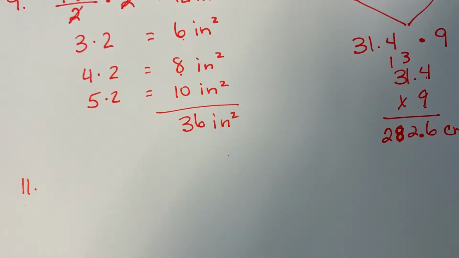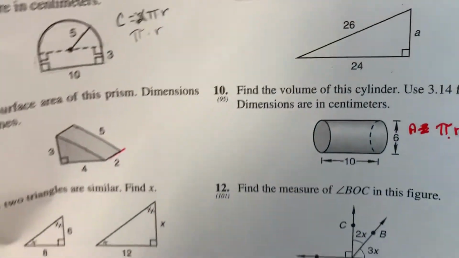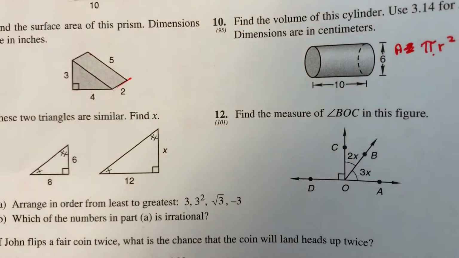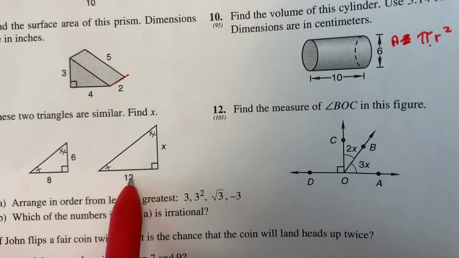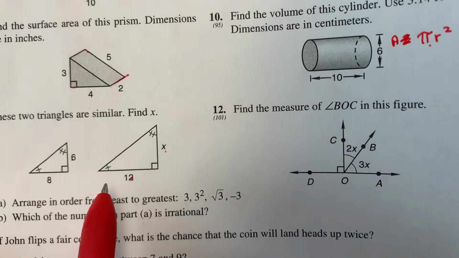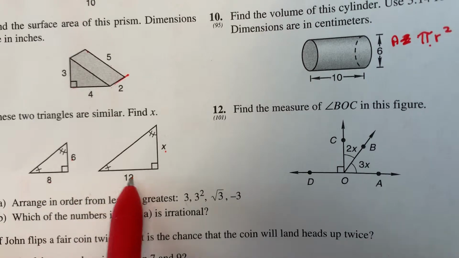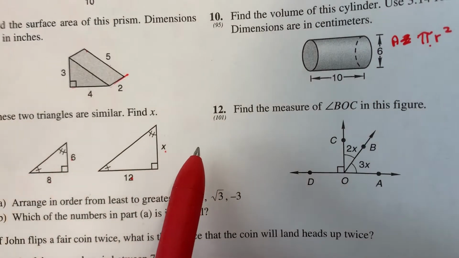Number 11, these two triangles are similar. Find x. Okay, so on the similar triangles, this side is similar to this side, and this side is similar to this side. You can set it up a couple of different ways, but I'm going to do a proportion where 8 is to 12 as 6 is to x.